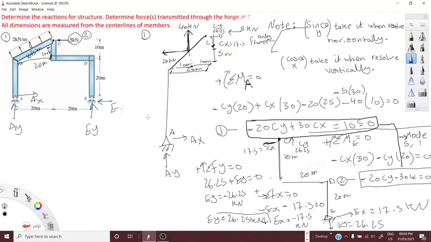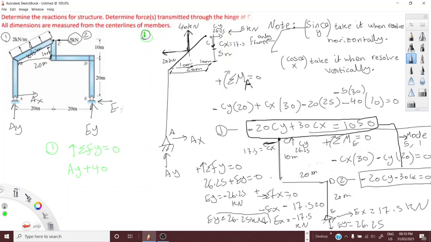Okay, guys, everything is on right now, and we are left with finding Ay. Let's change the color actually, let's make it green. So summation of Fy equal to 0, upward, for this part 1. For part 1, summation of Fy is Ay upward plus 40.